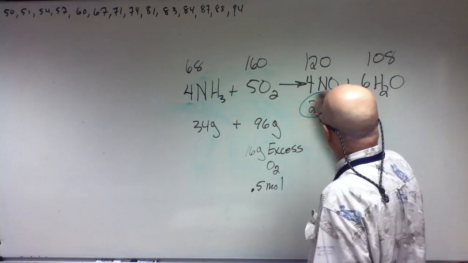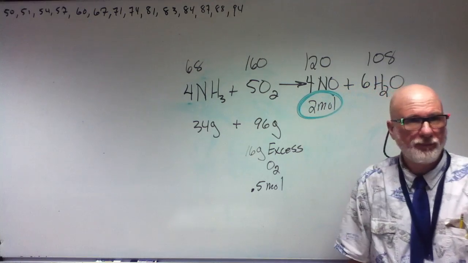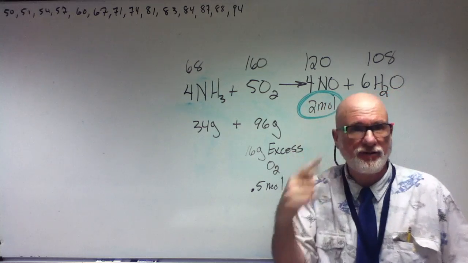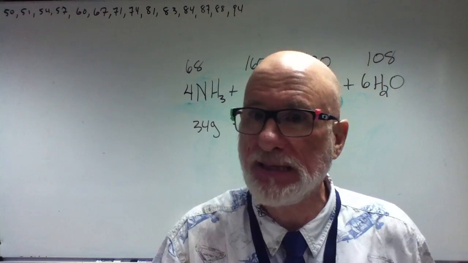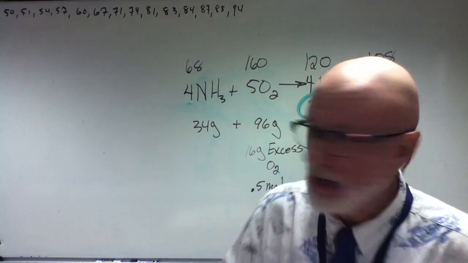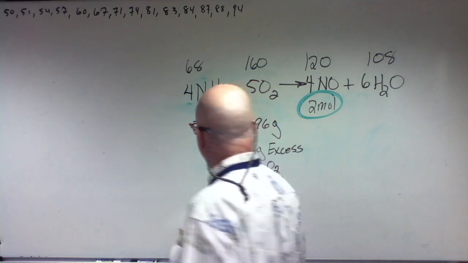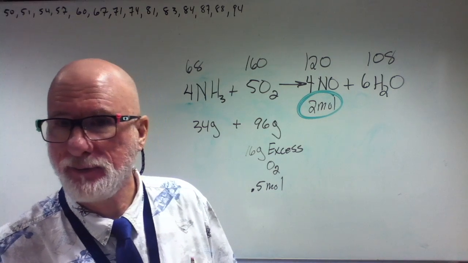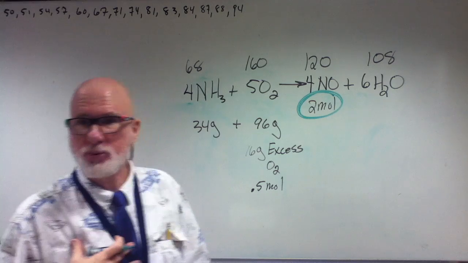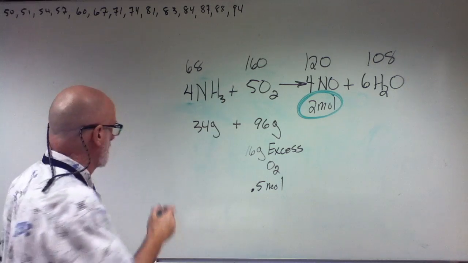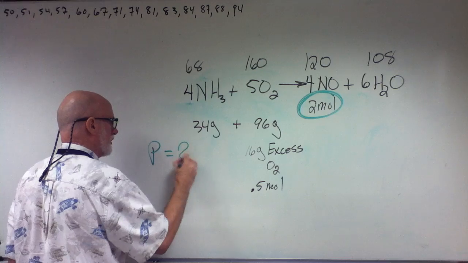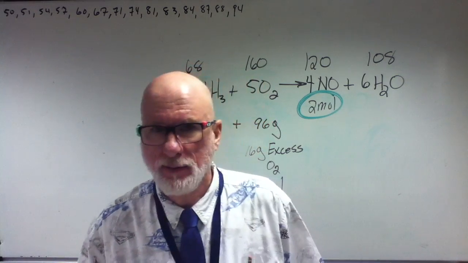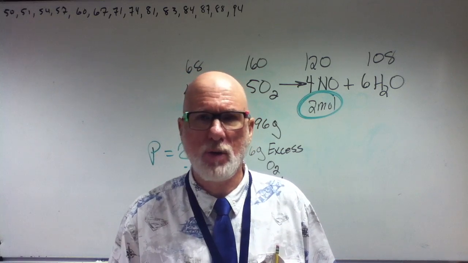Now, what are we looking for? Aren't we looking for the pressure of this? What other information are we given besides the masses of the reactants in the problem? We're looking for the pressure, right? Okay.